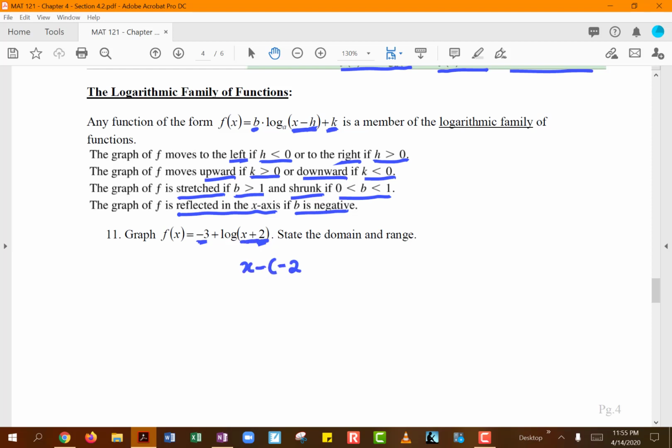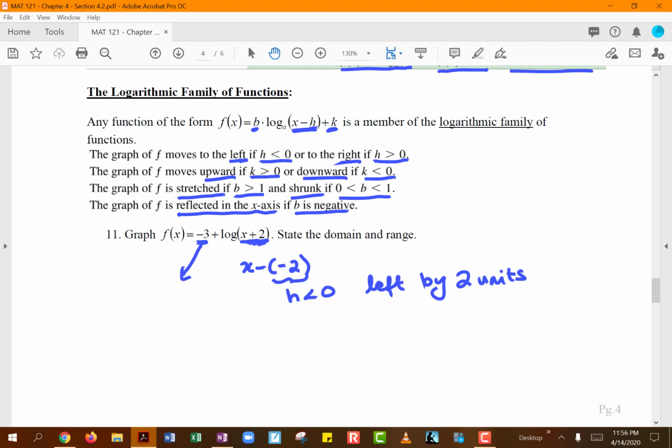So this is going to be our h value, and since this h value is less than 0, that means we are actually moving left by 2 units. Okay, so that's the movement that's happening here. Now with this -3, because you have a plus sign in the middle between the log and the -3, you're actually looking at the k value.